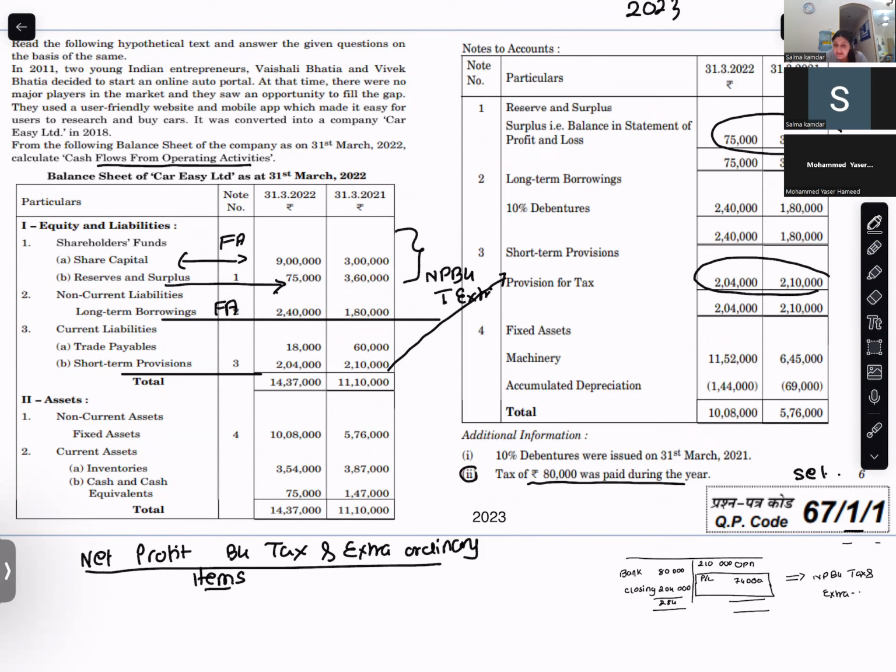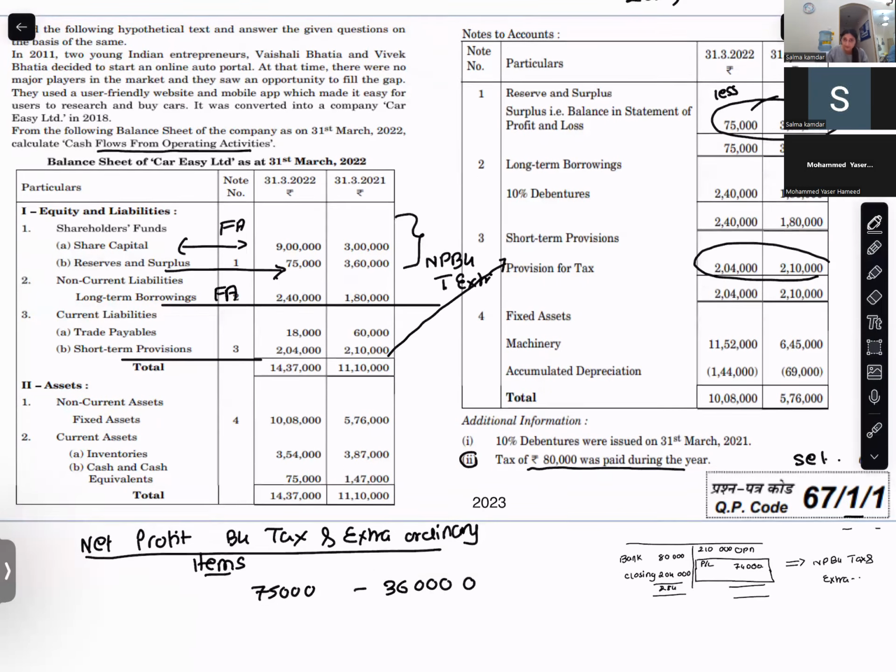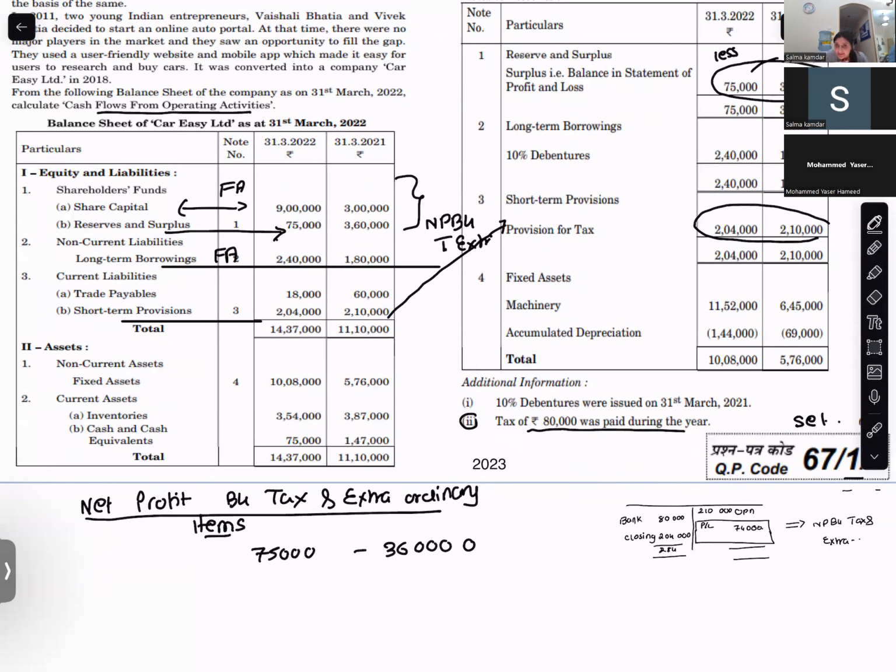If I see my closing is a smaller figure and opening is a bigger figure, closing minus opening is giving me a loss. So closing is 75,000 minus 360,000. So my net profit is negative 2,85,000.